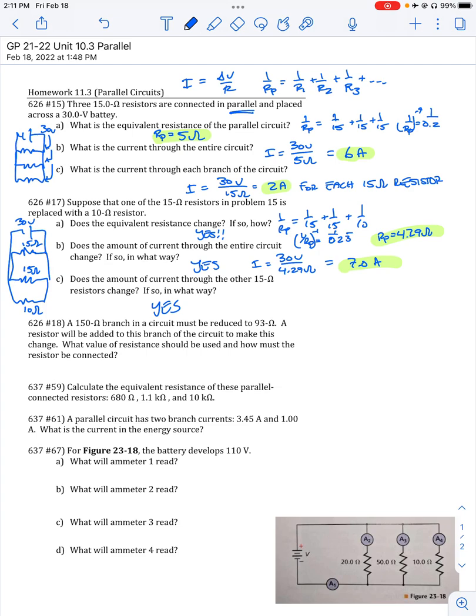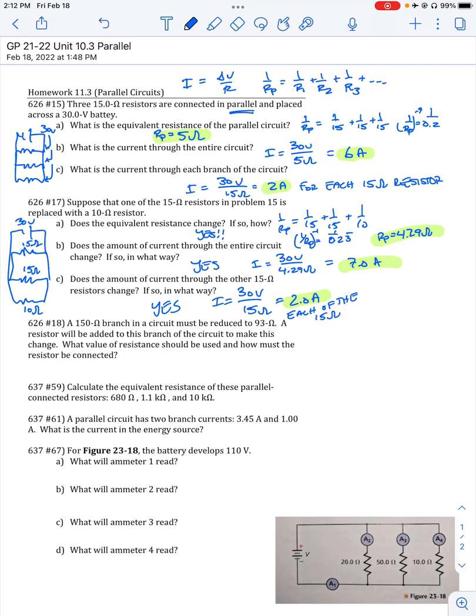Well, actually, hold on. No, it's not going to change. We'll just get more through the other one. So our current here is still going to be 30 volts over 15 ohms, so our current here will still be 2.0 amps for each of the 15 ohm resistors.